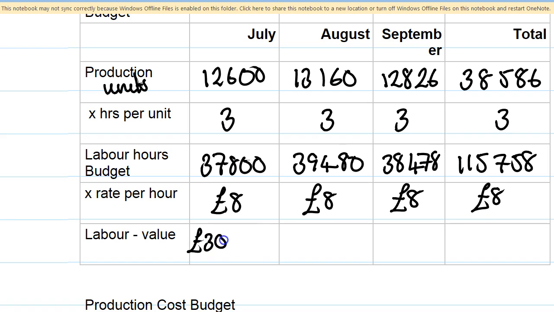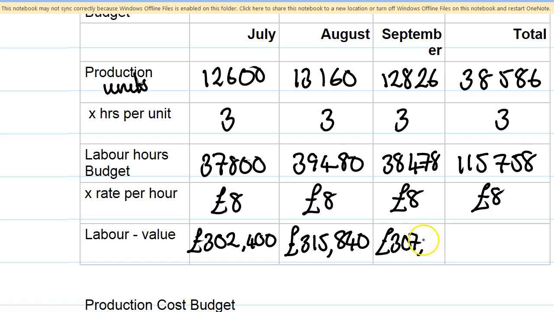This now will be in pounds. £302,400 for July, £315,840 for August, £307,824 for September, and in total for the 3 months our labour costs will be £926,064.